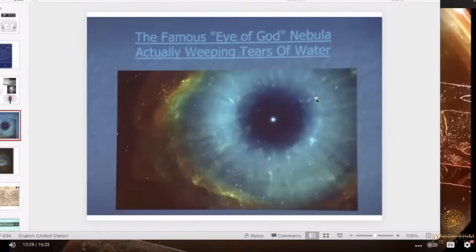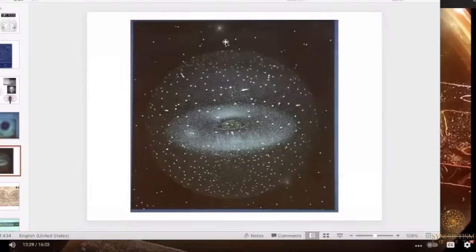Because this is all there is. The eye of God, the bull's eye. Your eyeball, ball. There it is. There's the earth. That's the plain disk of the earth inside the apple.